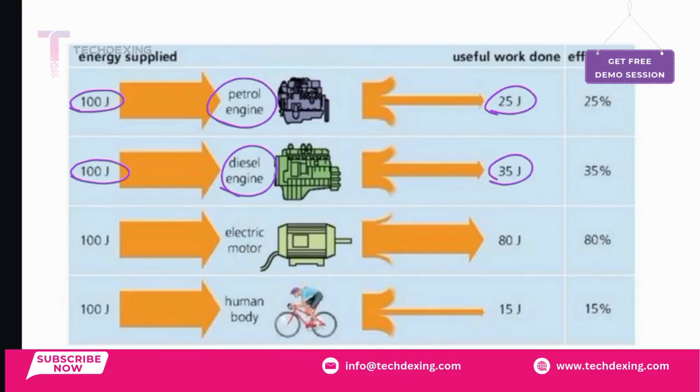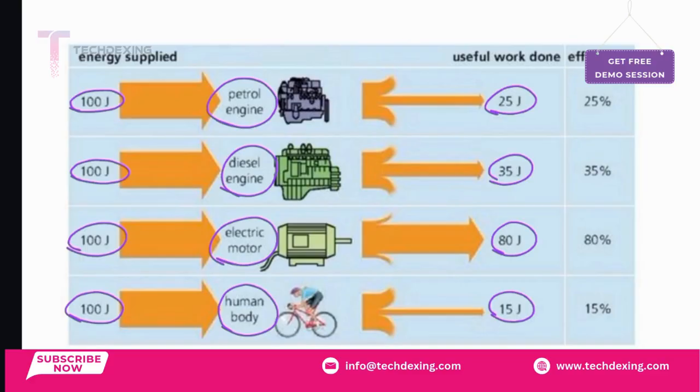Third, if you are giving 100 joule of energy to an electric motor, the electric motor would convert 80 joule of energy into work. And at the same time, if 100 joule of energy is given to the human body, the human body would convert only 15 joule of energy into work.